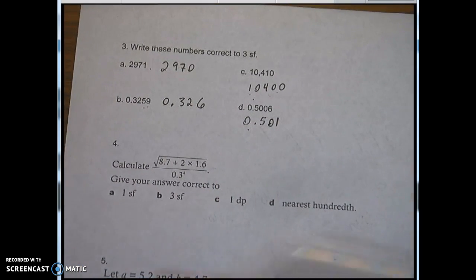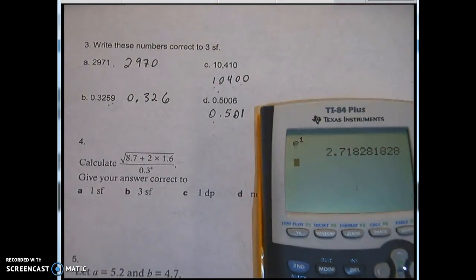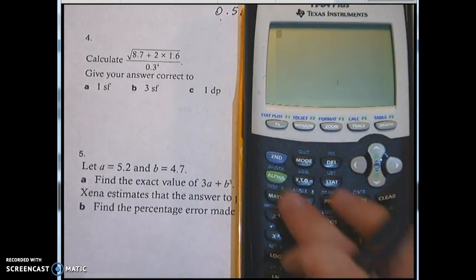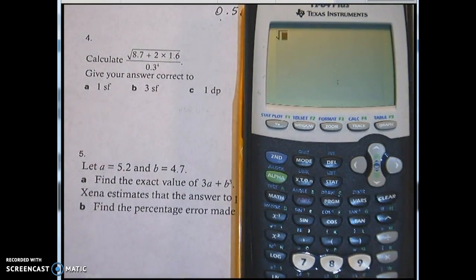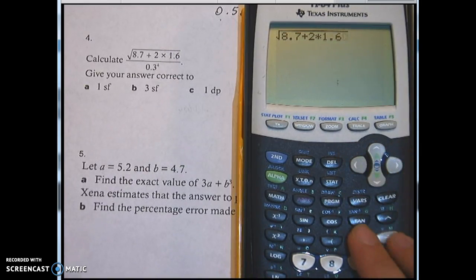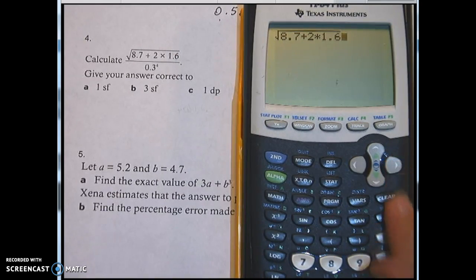Alright, calculate the square root of 8.7 plus 2 times 1.6, divided by, parentheses, 0.3 raised to the 4th power.